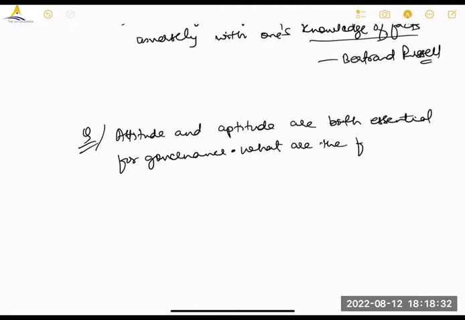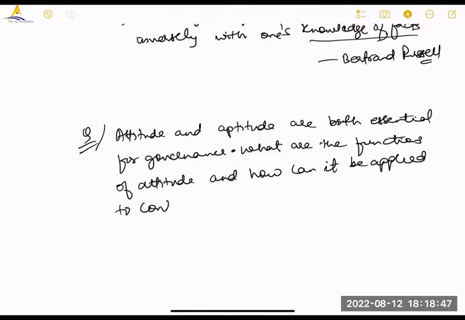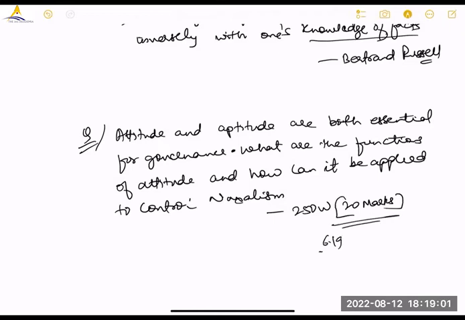What are the functions of attitude and how can it be applied to control Naxalism? 250 words, 20 marks. Please write; you can write till 6:31 and 1 minute for submission. You have to mail it at IASAkademia at gmail.com.